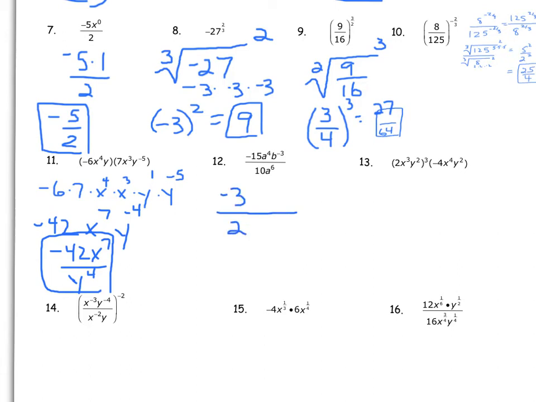And the quotient rule, there are more powers of a in the denominator, so when we subtract, the a squared is left in the denominator. So there's going to be an a squared there, and then finally the negative power has to move down, and it becomes b to the 3rd. So coefficients have reduced, powers have subtracted, leaving the bigger power in the denominator, and the negative powers move down. And that one is done.